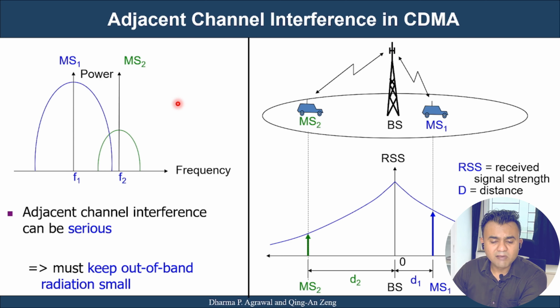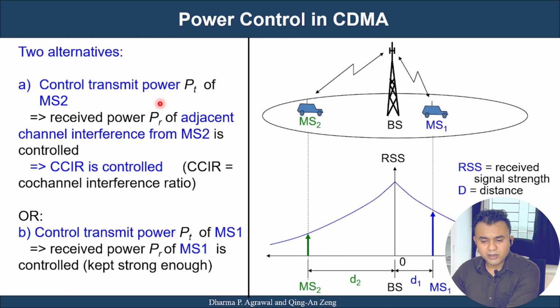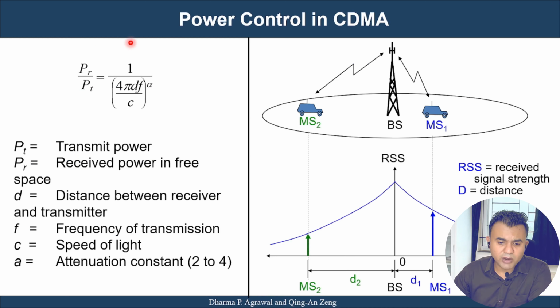So by these power adjustments, we can overcome this near-far problem. That is one simple solution. The formula used is PR by PT equals (1 by 4 pi dF divided by C) raised to alpha. PT is the transmitted power. PR is the received power in free space.